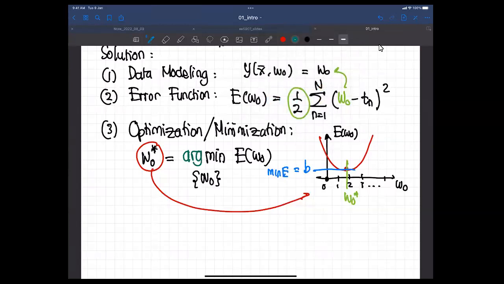And the parenthesis here, W0, the parenthesis is candidates. All that is in the parenthesis is candidates: 0, 1, or 1.5, 1.2, 1.3, and so on and so forth. With respect to all these candidates, we want to find the minimum one, the one that makes the function minimum.